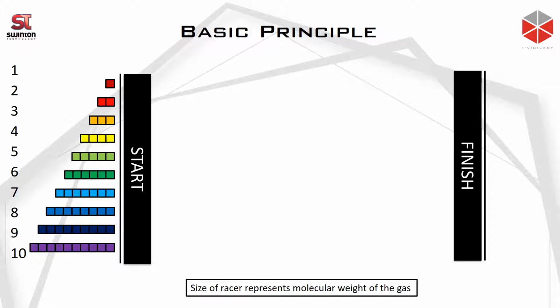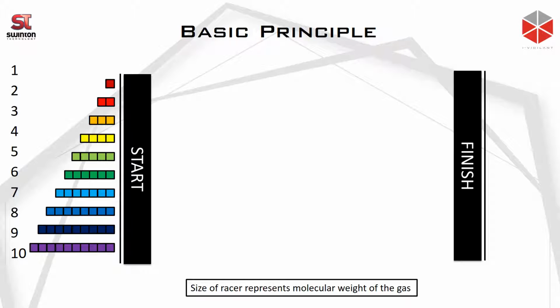Here's the basic principle of the way the GC works. Let's say we have 10 racers in this race, and it's a go-kart race. Each go-kart has the exact same engine, which in the actual GC case is the carrier gas itself.